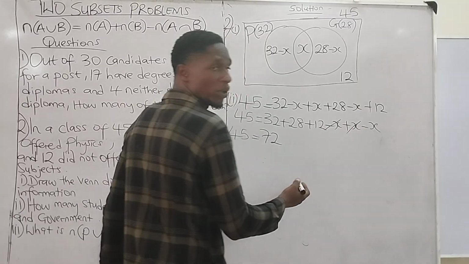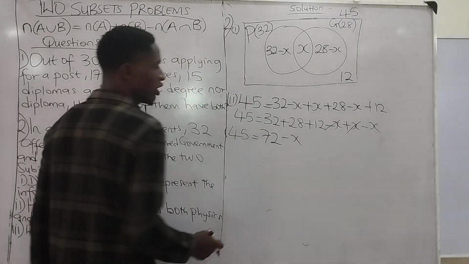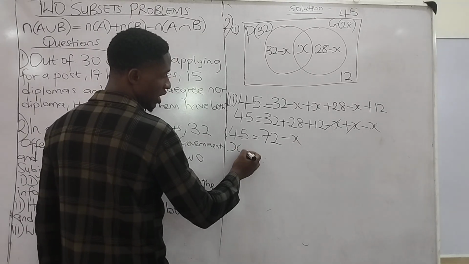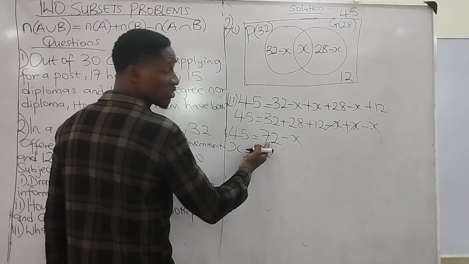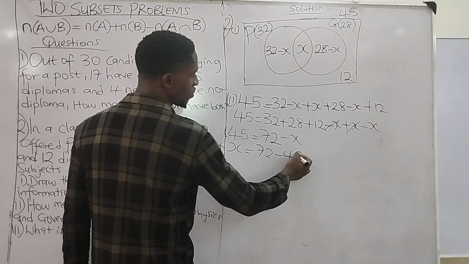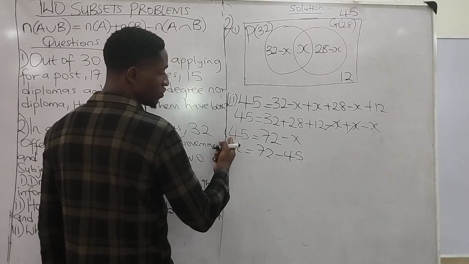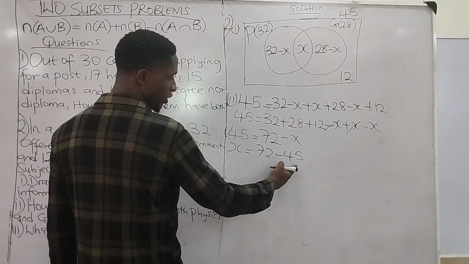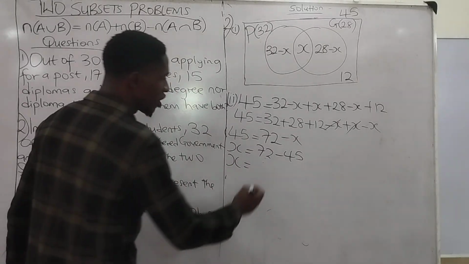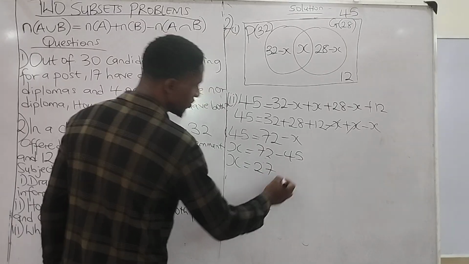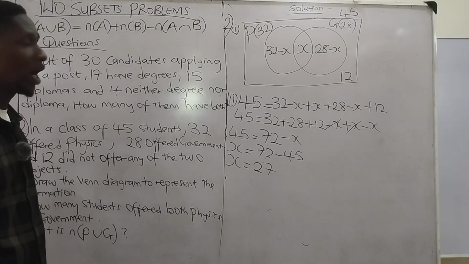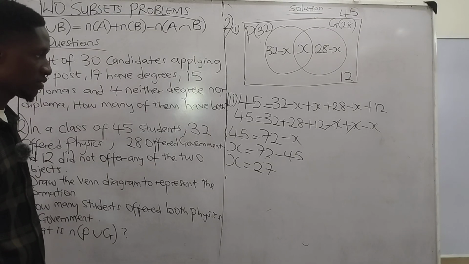Minus X will cancel plus X, we have minus X. When minus X comes here it is plus X is equal to 72, and when plus 45 comes here it is minus 45. So X is equal to 27. So those that offer both of them are 27 students.